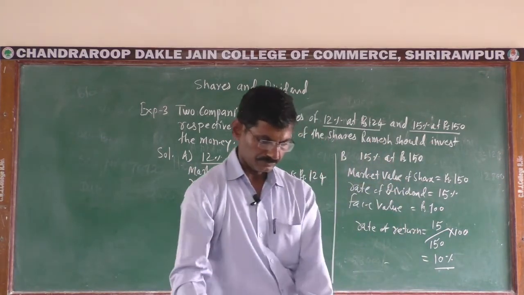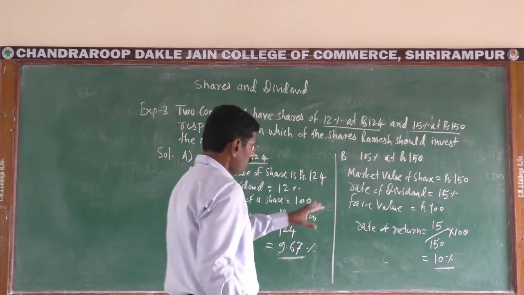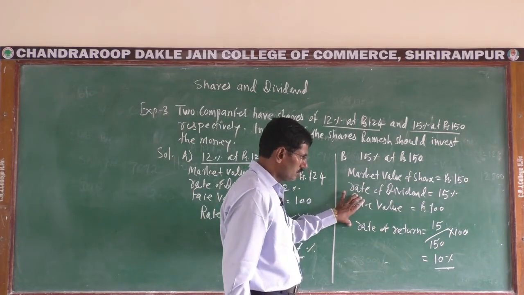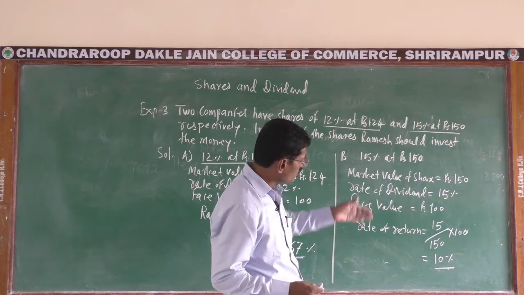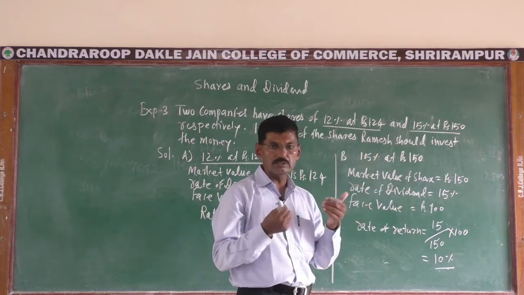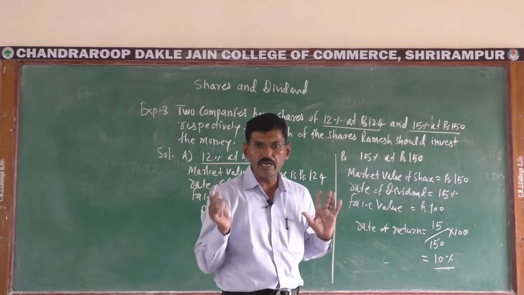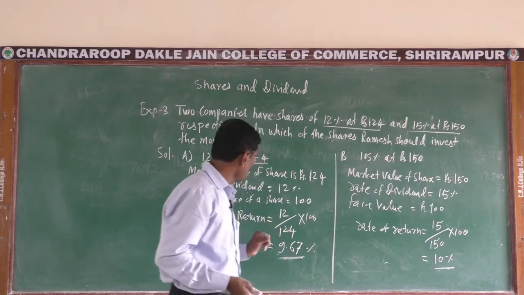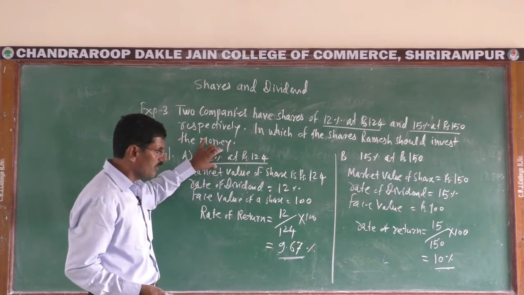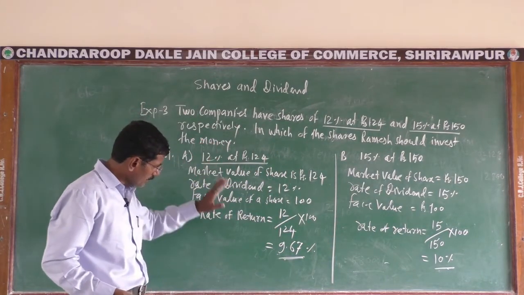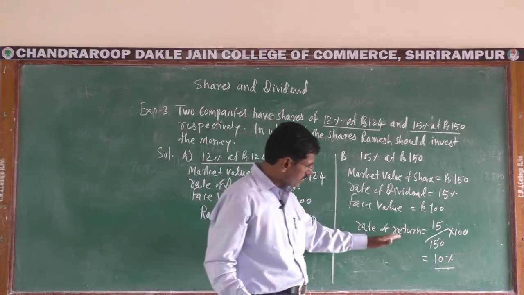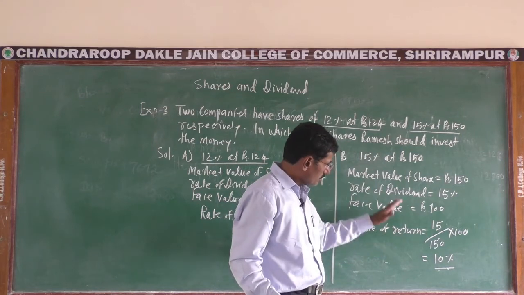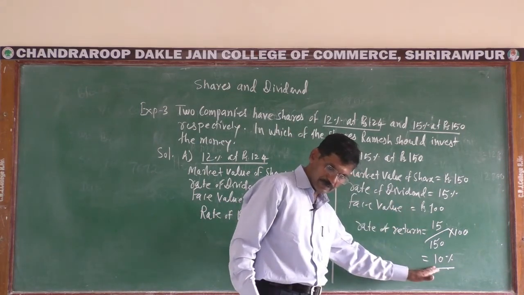See here, rate of return means for every 100 how much we invest and how much we earn. So here in the first investment the rate of return is 9.67, and in the second investment the rate of return is 10%.